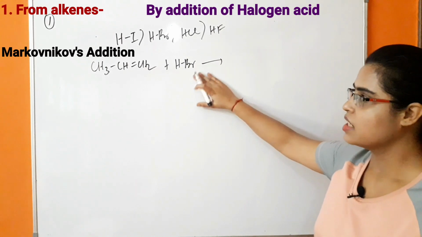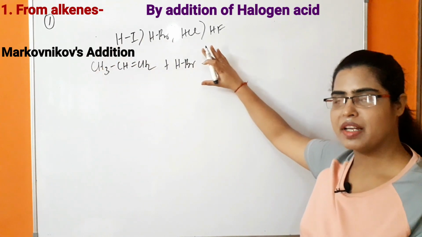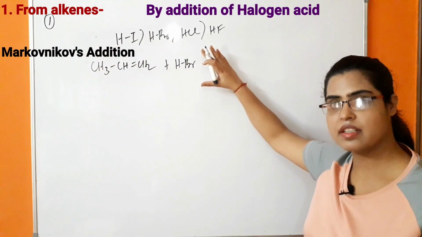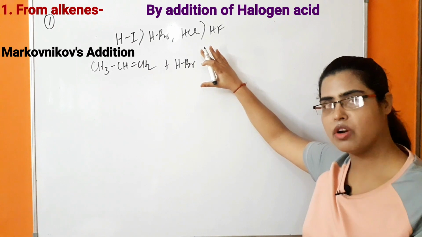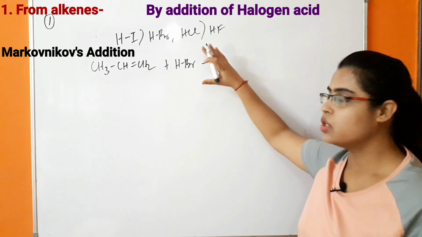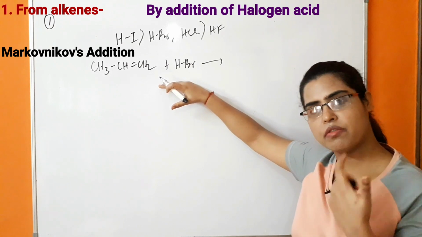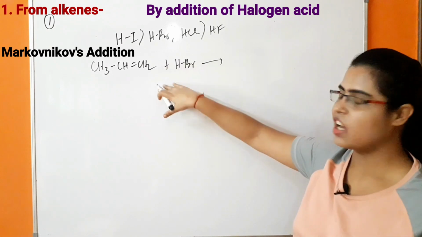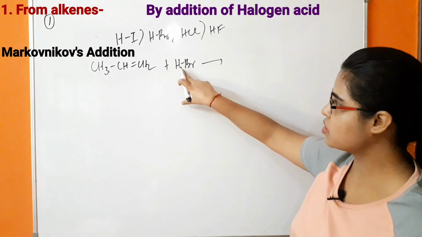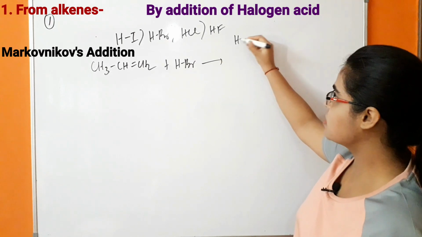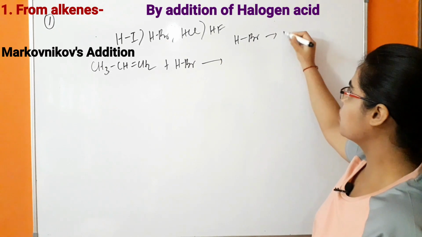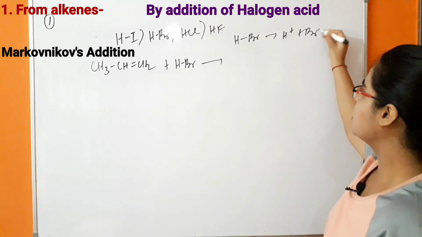In this case, the reaction takes place by a mechanism in which the reactive intermediate formed is a carbocation. How is the carbocation formed? First of all, HBr is ionized to give H+ and Br-.